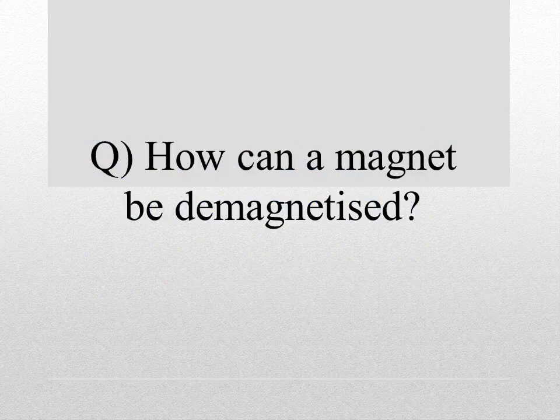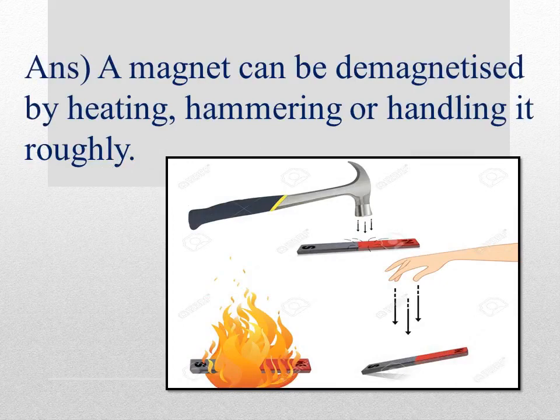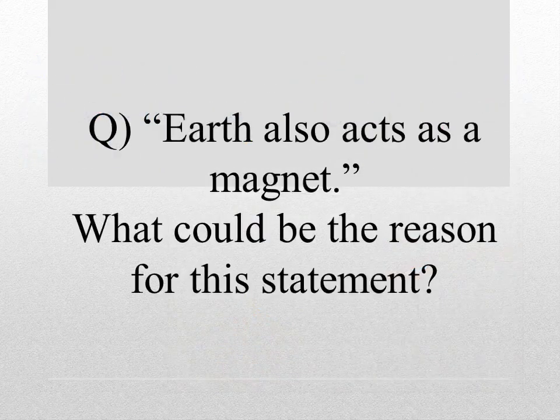How can a magnet be demagnetized? A magnet can be demagnetized by heating, hammering, or handling it roughly. Earth also acts as a magnet.